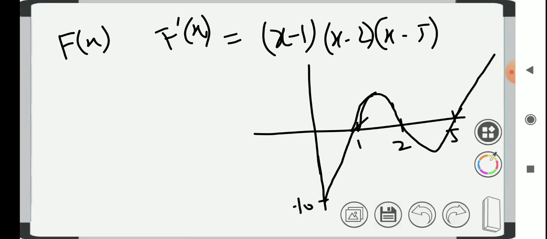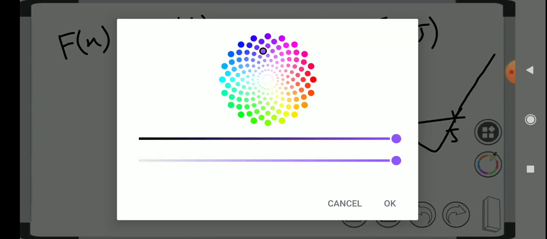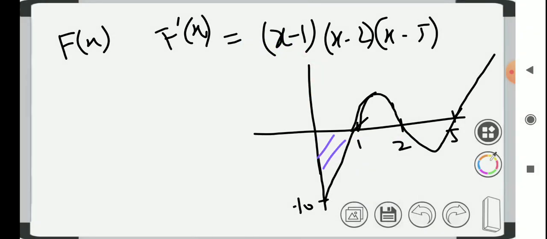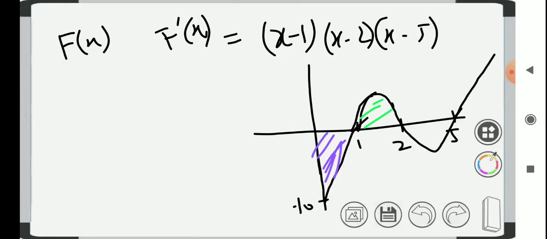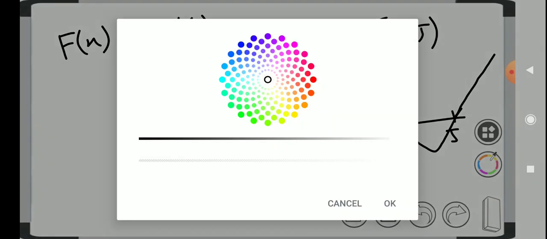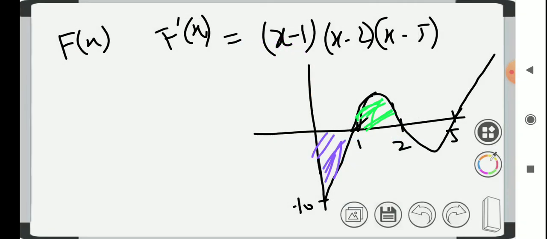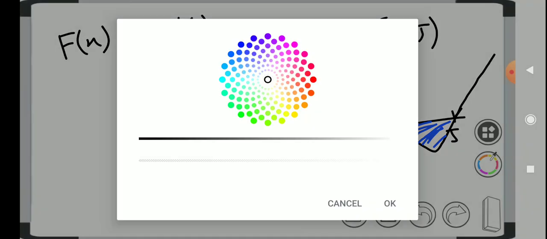So this is the graph of f dash of x, and F of x is the area under this curve. Therefore we have three portions of area here.